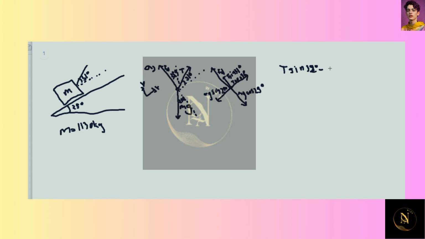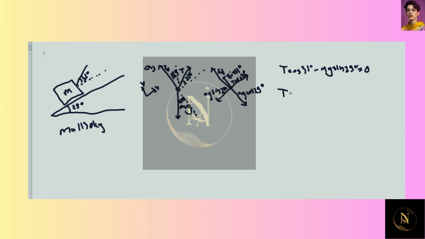So we have T cosine of 31 degrees minus mg sine of 25 degrees is equal to 0.